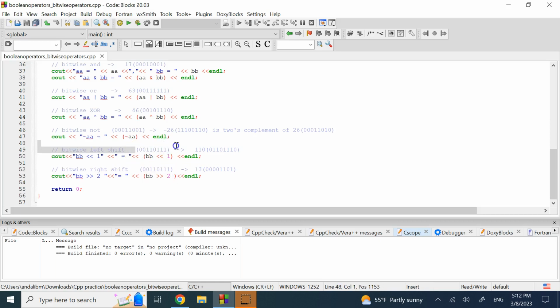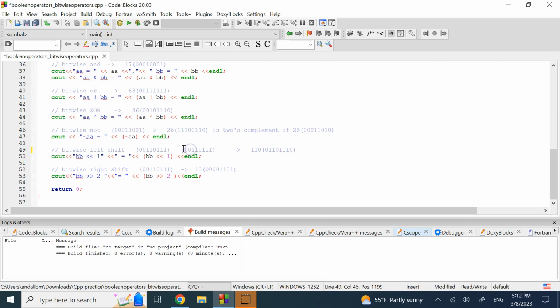Well, here is my number. How do I get this one? Well, look, I shift everything 1 to the left. Everything will move 1 to the left. So this 0 goes to the left, so it gets out of the memory, so it will be eliminated.